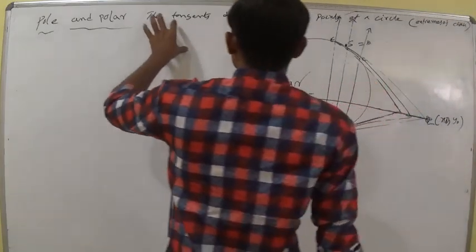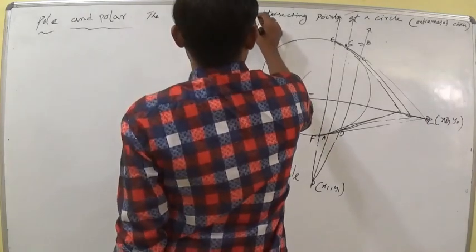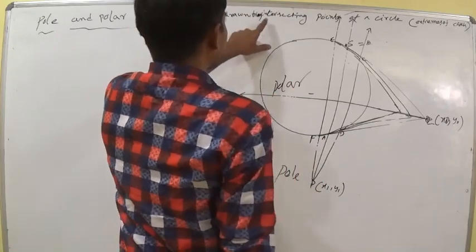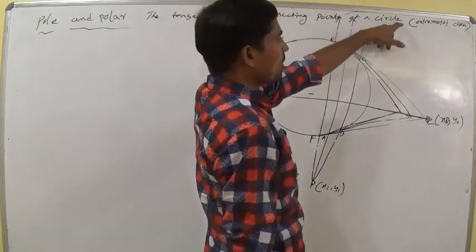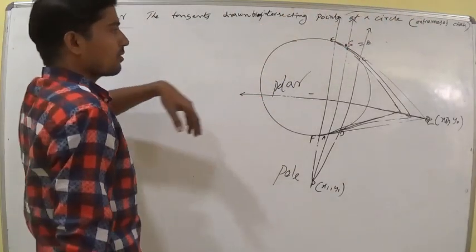Tangents drawn from the intersecting points of a circle, extremes of the chords.